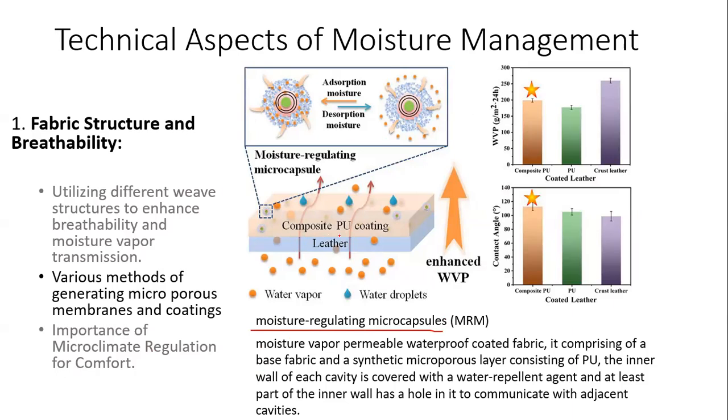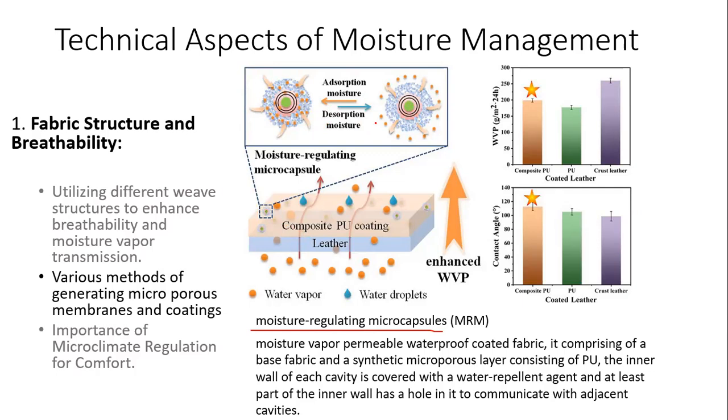They have a composite with a polyurethane coating on a leather material. And the beauty of this polyurethane coating is that it comprises moisture regulating microcapsules. So when you absorb the moisture, it swells. When you desorb the moisture, it contracts.